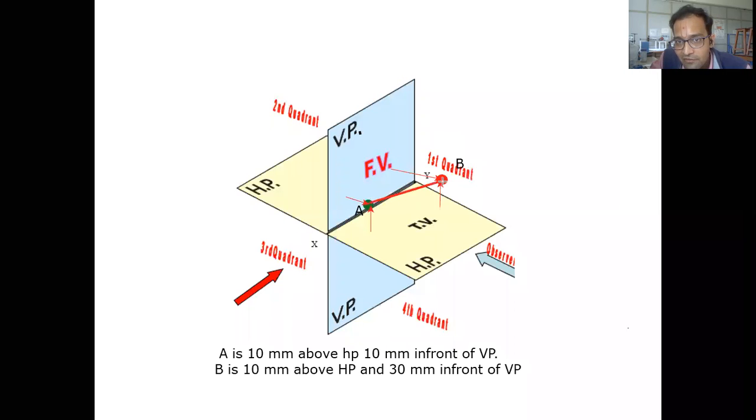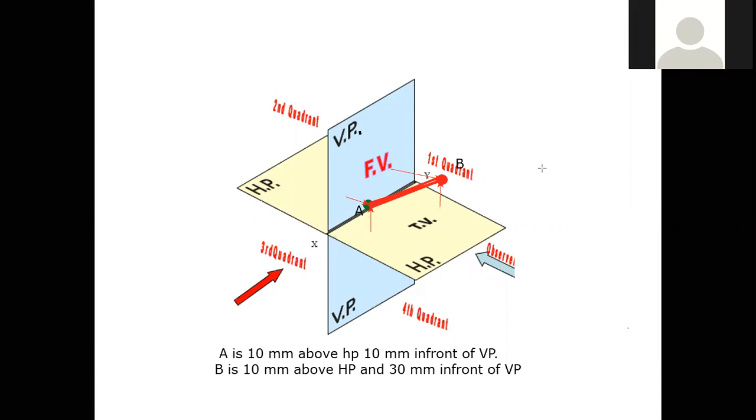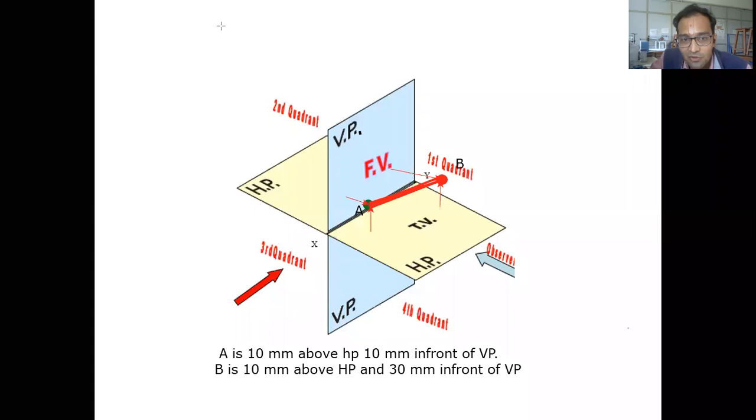How you had identified that it is parallel to horizontal plane? जिसने भी आंसर दिया वो एक्सप्रेस करे. आपको कैसे लगा कि वो HP से पैरेलल होगा? हाँ, क्योंकि दोनों पॉइंट का जो HP से डिस्टेंस है वो सेम है. Good. Above HP, that distance is same in both.